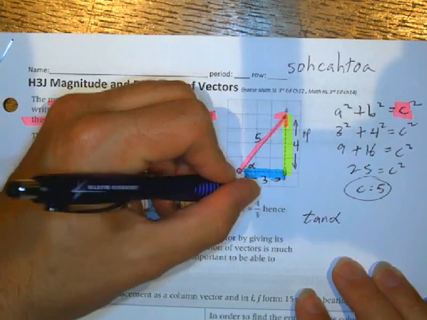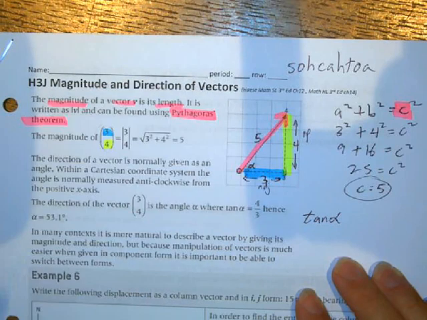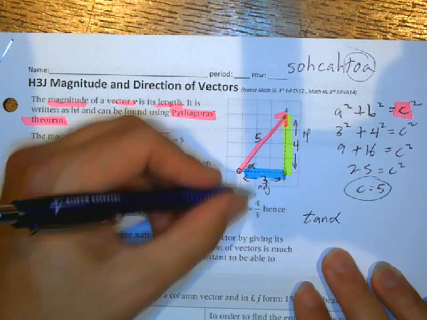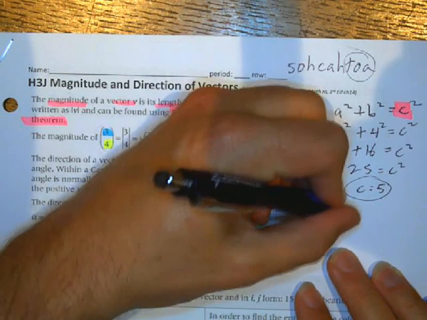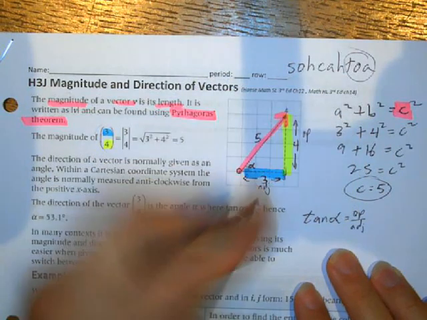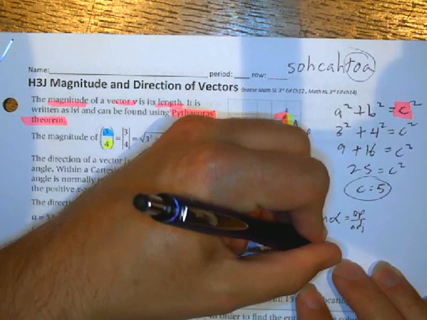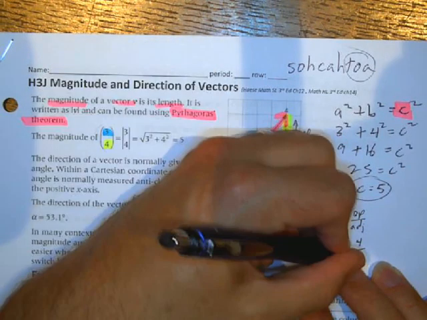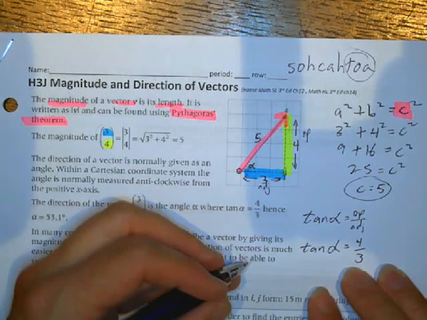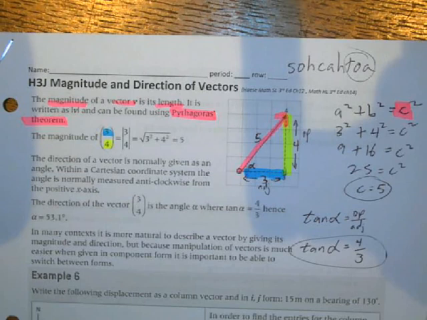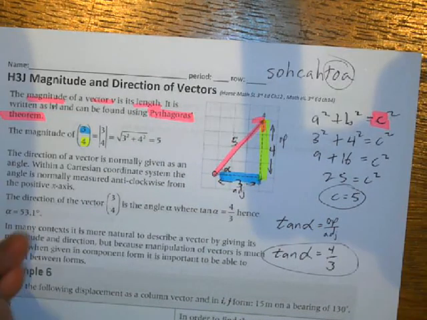We've got the adjacent side here. And so if I've got opposite and adjacent, I'm going to use tangent. So tangent alpha equals opposite over adjacent. We could also find this angle with 4 over 3, opposite over adjacent. And if I use my inverse button on my calculator, I end up with 53.1 degrees.